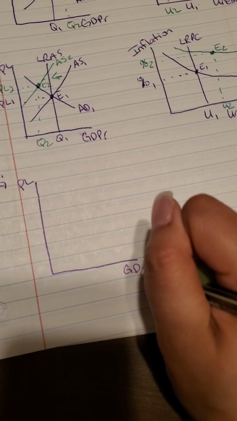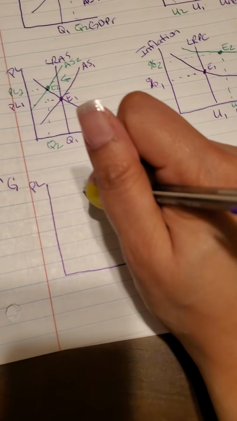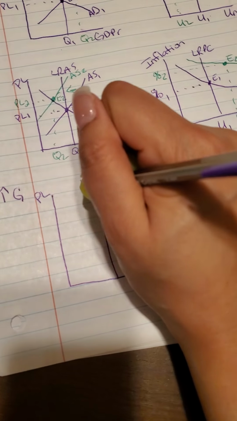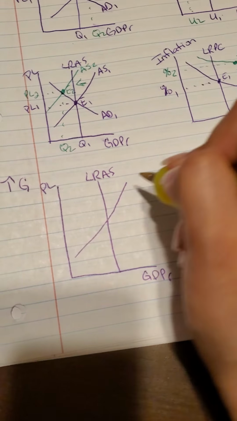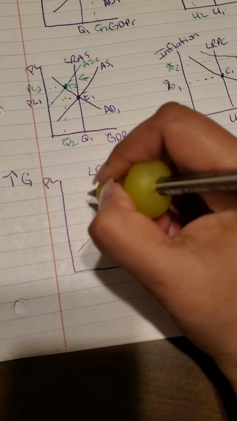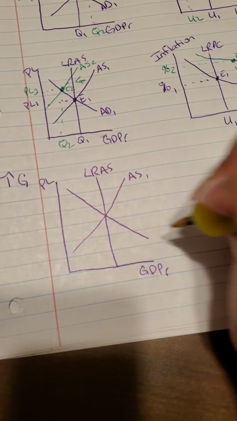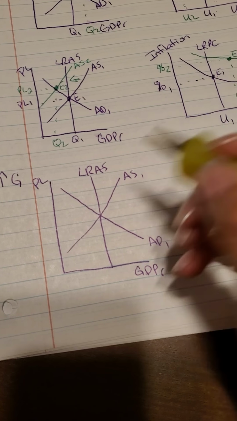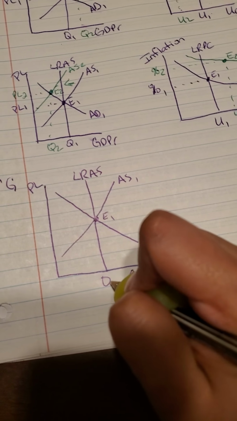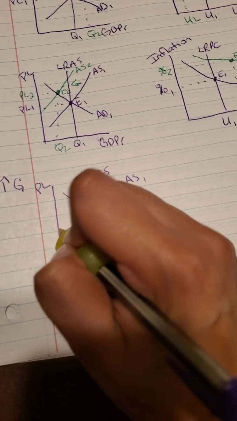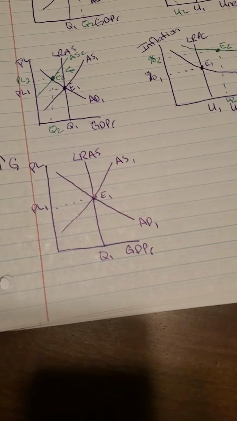So we have price level on the y-axis, real GDP on the x-axis, the long run aggregate supply, short run aggregate supply to the sky, aggregate demand to the land. Label your new equilibrium, your quantity 1, and price level 1.